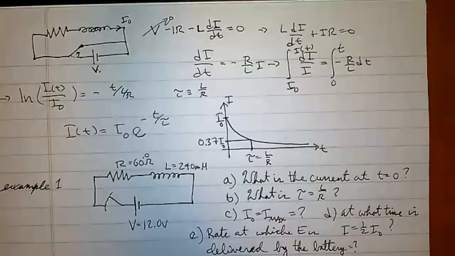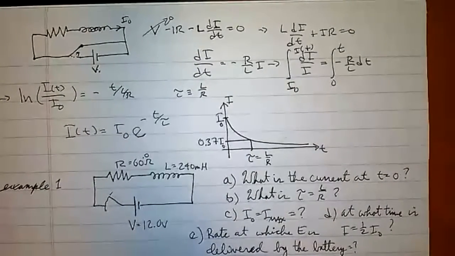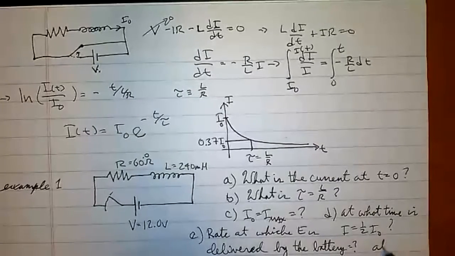So I'll put a question mark there. And then finally, I'll say part F. I want to know what is the power put into, and this is at T, such that I is equal to I0 over 2.